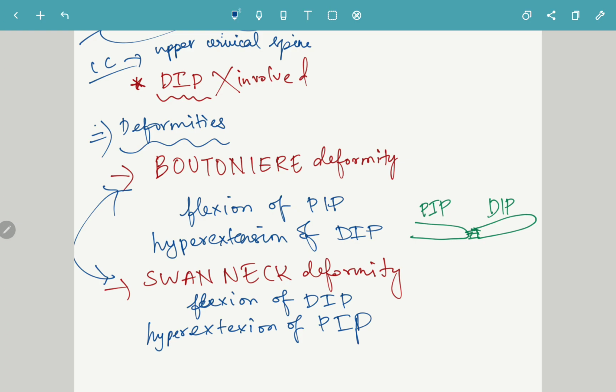So how will this picture look? In the swan neck deformity, there is going to be flexion of the distal interphalangeal joint, so it's going to be like this, like a swan neck.